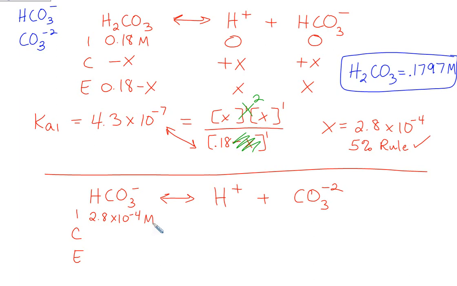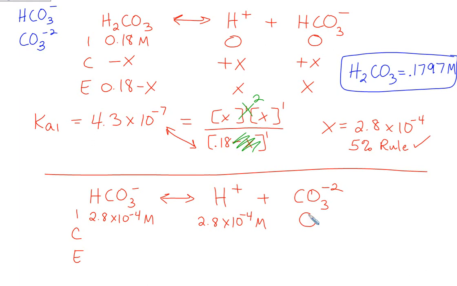And we're going to put that in for hydrogen too. They were both X from the first ice table, 2.8 times 10 to the negative 4th molar. The carbonate is 0. We did not form any carbonate in the first dissociation. But to kind of catch that in my second ice table, I use the values that I would have calculated from the first because they're still going to change a little bit.